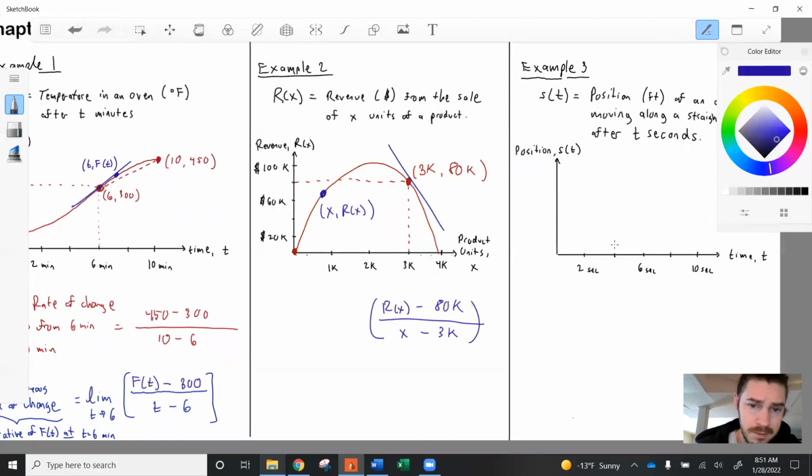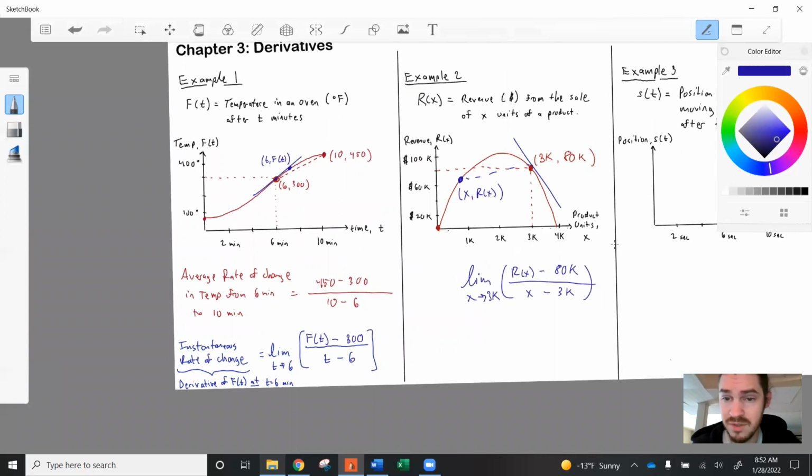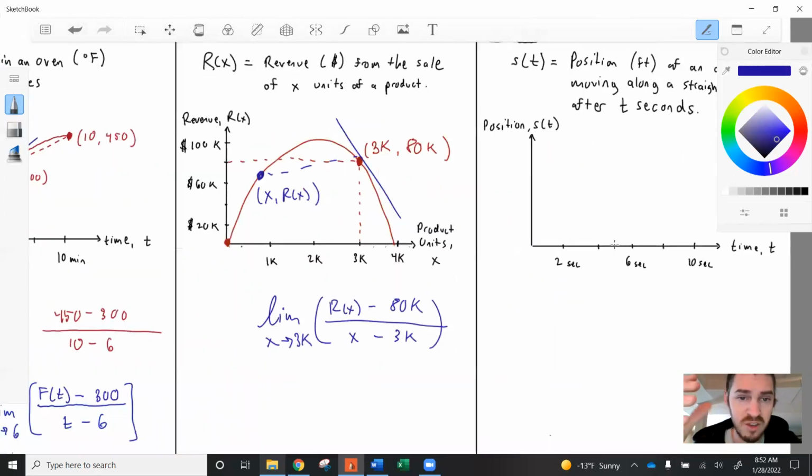But if you take a limit of that as x approaches the 3000 mark, then what that's going to give you is secant slopes getting closer and closer together, giving you a tangent slope. And so again, same exact idea as the rate of change in the temperature in the oven. It's just that this situation has a special name.